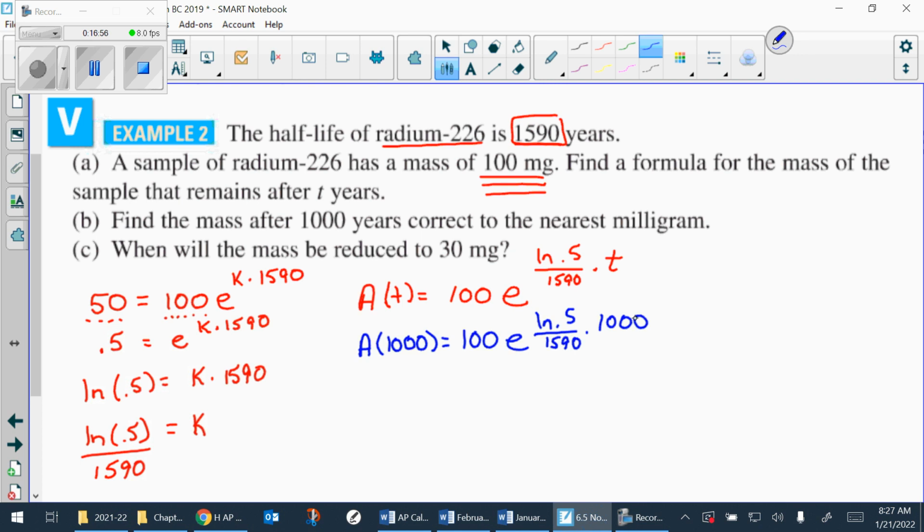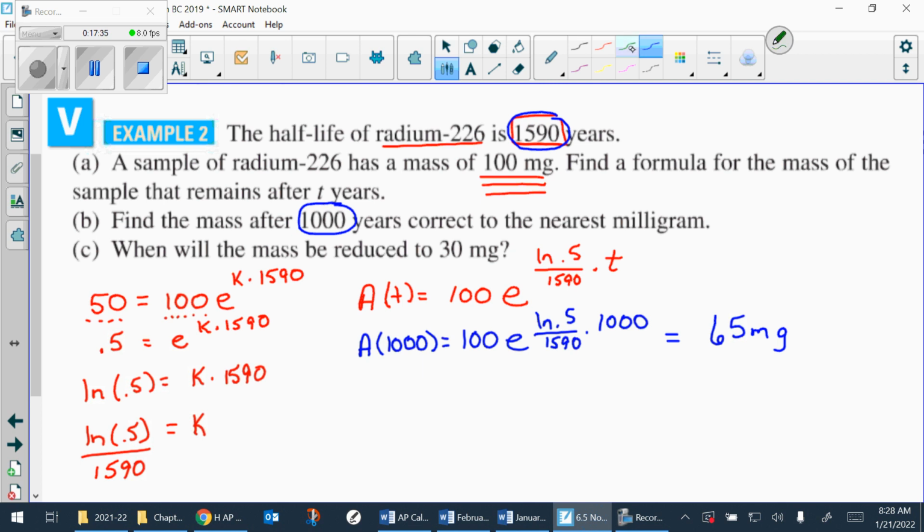Now, if I put that into my calculator, if I do that correctly, I believe I get something pretty darn close to 65 milligrams. And I know it gets cut in half in 1,590 years. So after only 1,000 years, it's not quite cut in half, and sure enough, it isn't. So I would think that answer makes some kind of sense. But again, double check my work, make sure I'm okay on that.